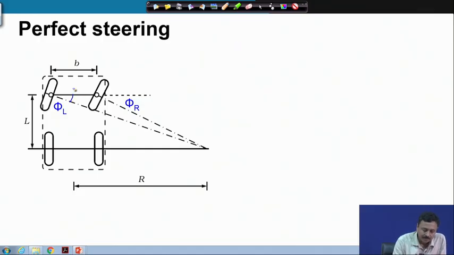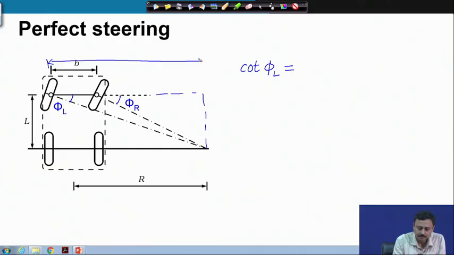These two angles I have defined as phi r and phi l. I can write cotangent of phi l is equal to this distance by this distance.